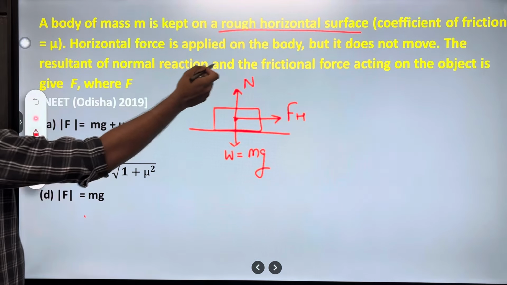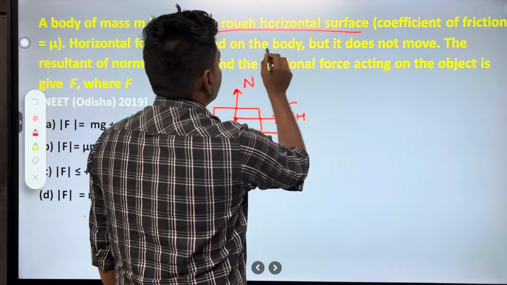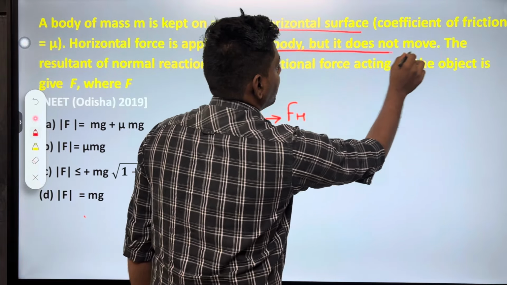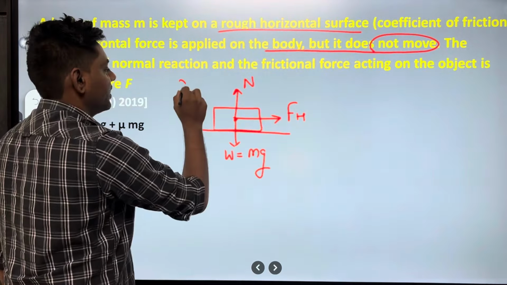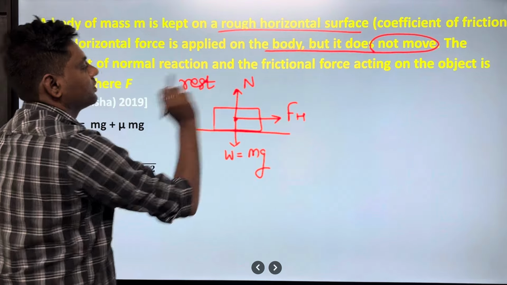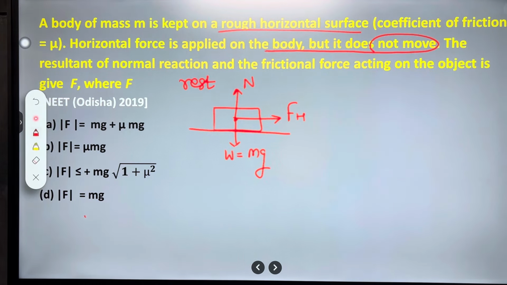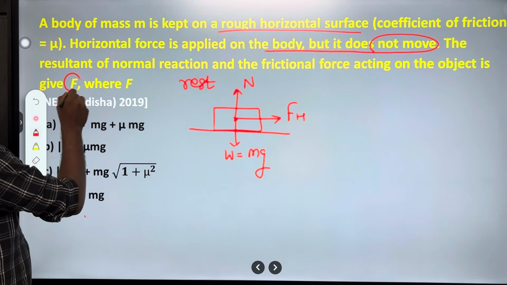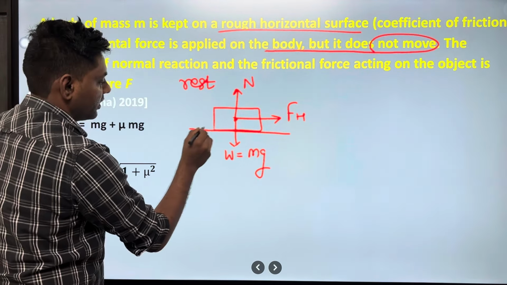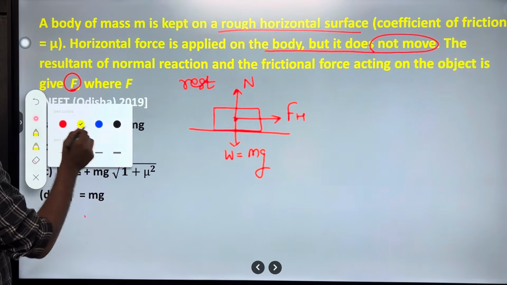Next, the body does not move, so the body is at rest. The resultant of the normal reaction and the frictional force acting on the object is given by. So here we draw the frictional force.